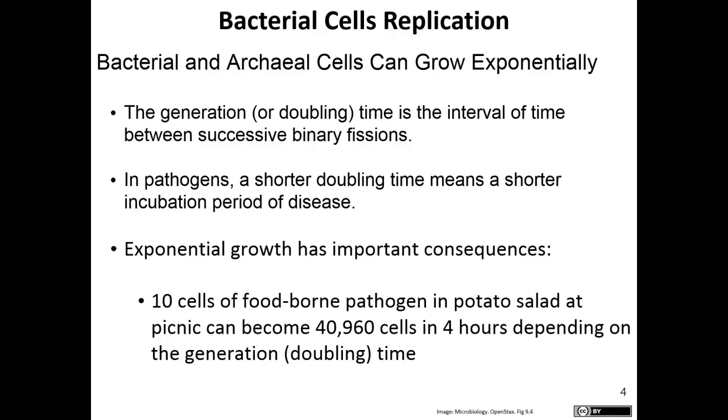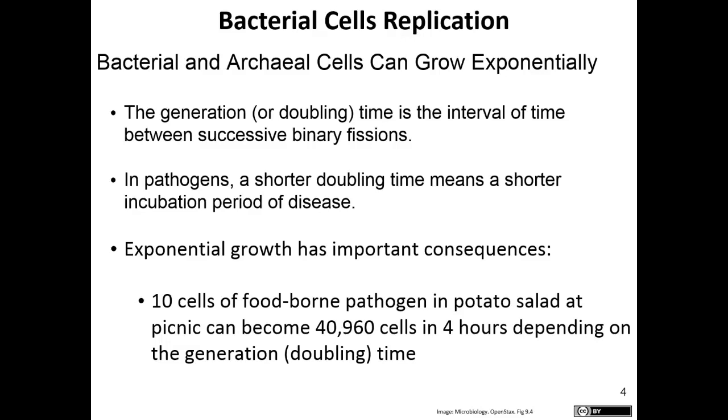Because if you have a pathogen that has a short doubling time, that means the incubation period is going to be much shorter as well. If you have a pathogen that has a long doubling time, then you're going to have a longer incubation period. But that also means that you can spread the disease further because people can move from one population to a totally different population with the same disease before they actually start showing symptoms of the disease.